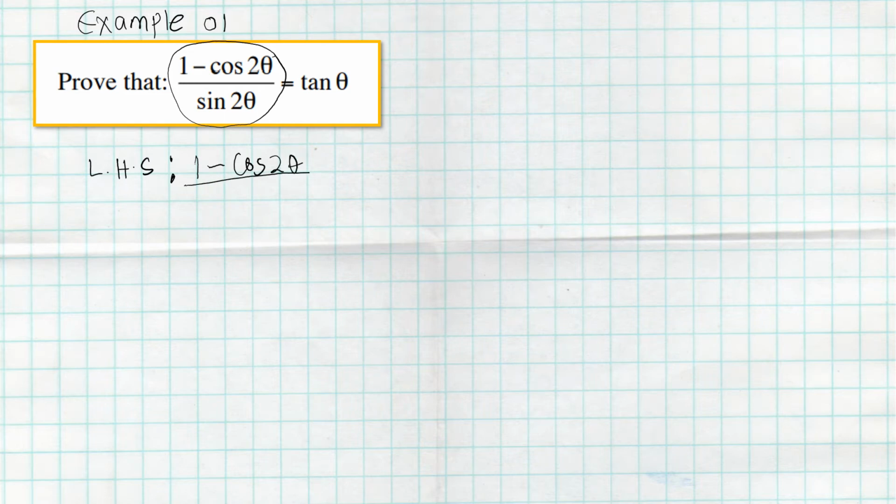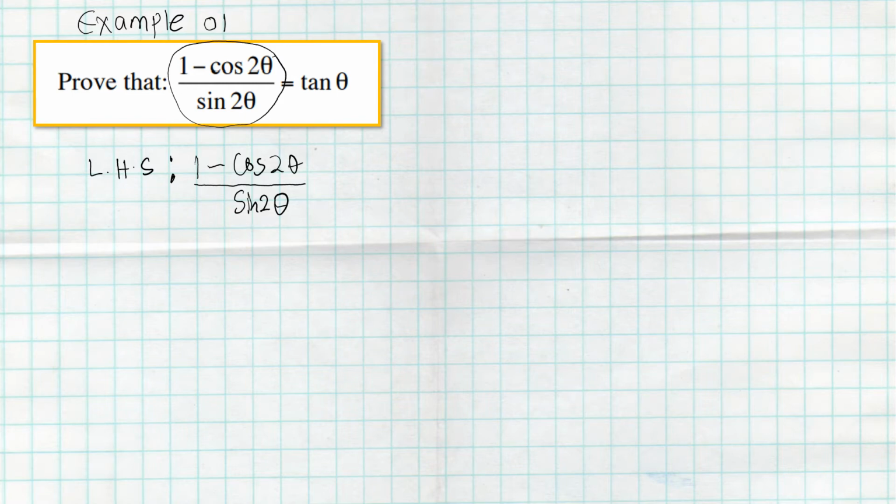Okay, so here it is. You are given (1 minus cos 2 theta) over sine 2 theta, right? How can I prove this? Here you have 1 minus cos 2 theta, and here you have sine 2 theta.